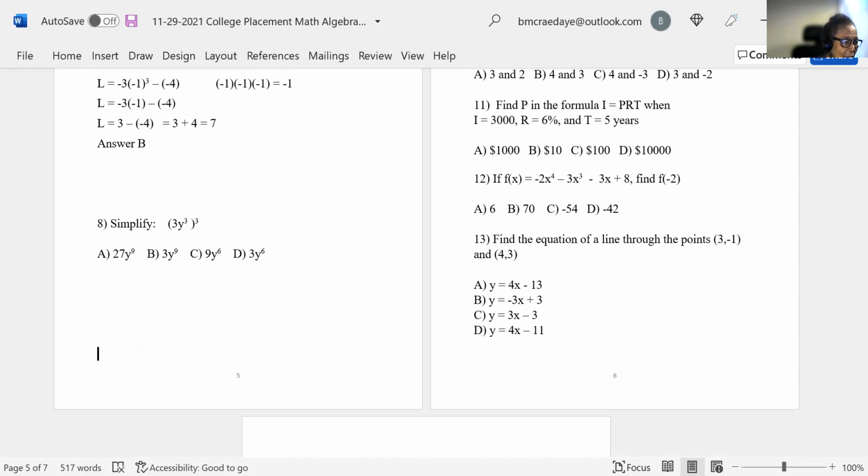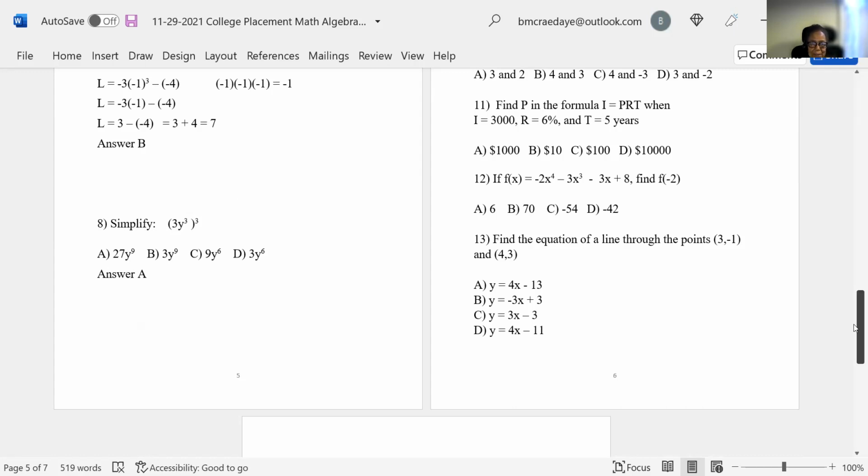Y to the third, to the third power, is y to the ninth. So answer A. Very good. So 3 times 3 times 3 is 27. You apply the power to everything in parentheses, both to the 3 coefficient and the y to the third.